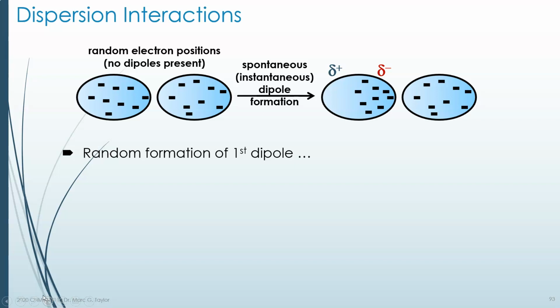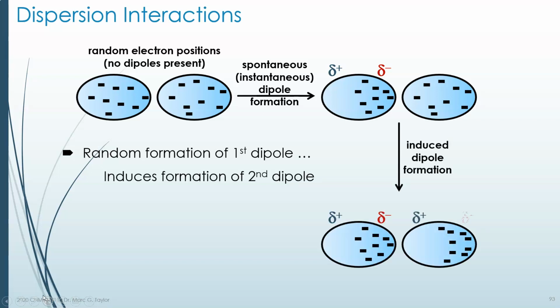And once you have a dipole formed in one, and if it's near another molecule, well, remember, electrons are negatively charged. Negative charges of the first molecule will repel the negative charges of the second molecule, and so they'll move to the other side of the molecule for just a blink of an eye. This is far, far less than a second. In fact, it's far, far less than a billionth of a second. It's very, very fast, but they add up and they become important.